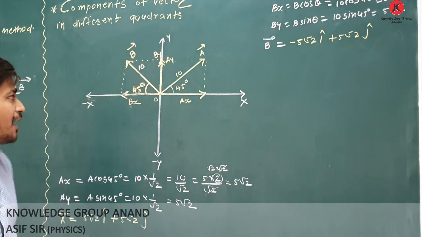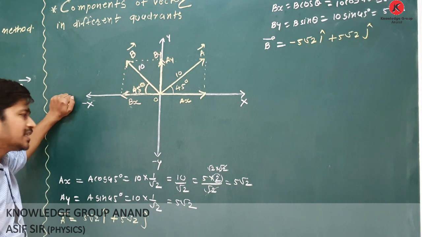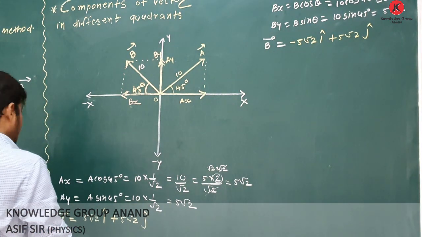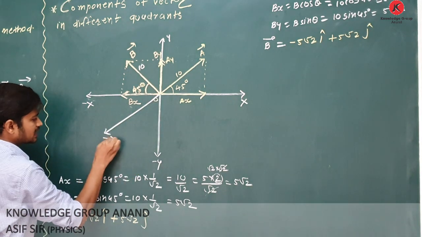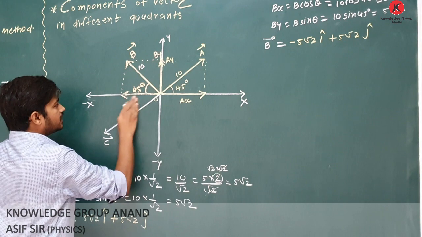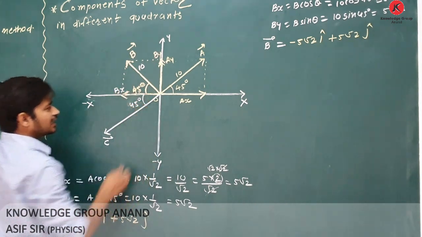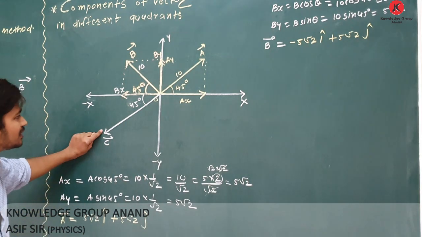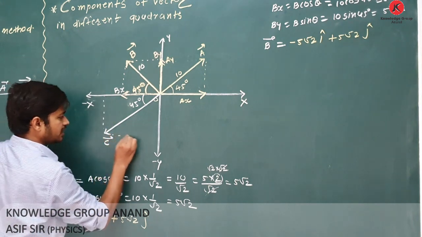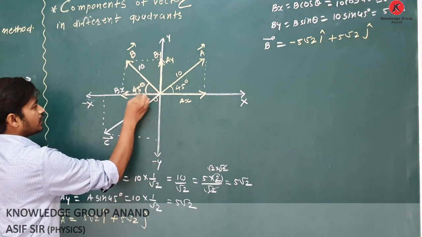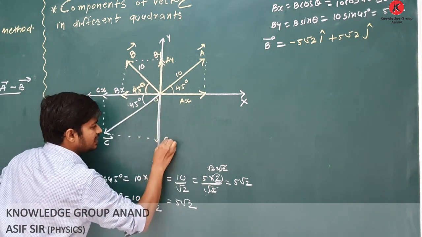Now, let vector C be in this direction. If this angle is 45 degrees, then you have to resolve this vector C in two components, the x component Cx and the y component Cy.